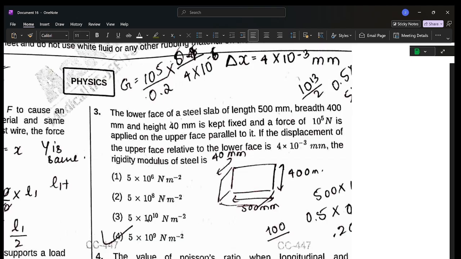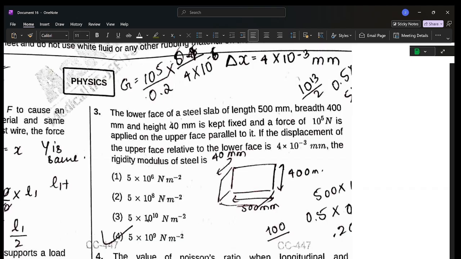Based on which surface you're tackling is what you need. So yeah, I think it is 400 into 500. But since it's in mm, you need to convert it into meters. So 1 mm is 10 power minus 3 meter, so I'm going to put 10 power minus 6.